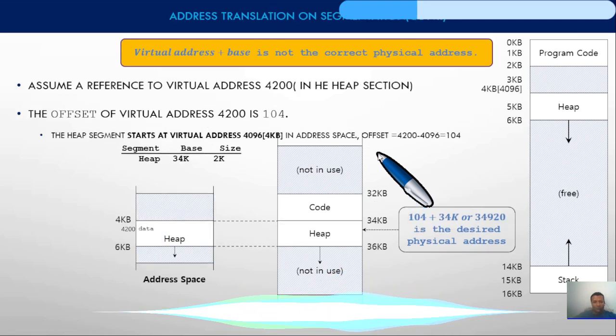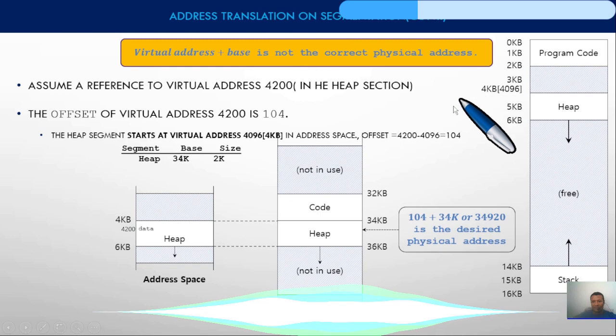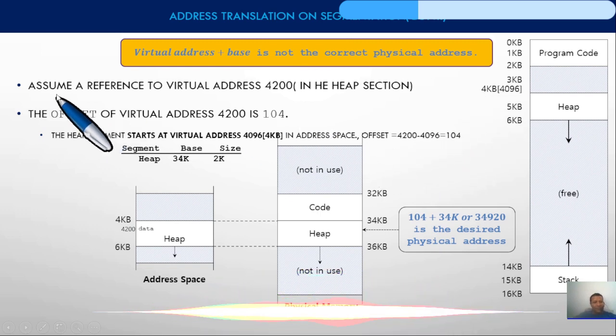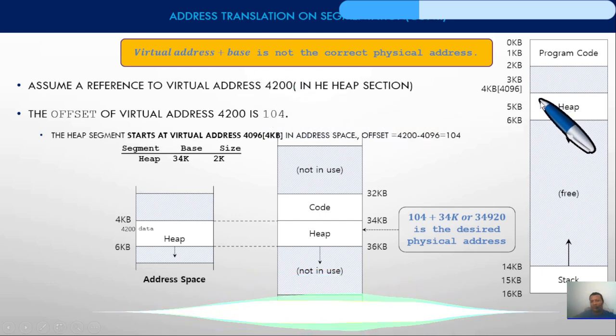Now let's continue with address translation on segments. Assume a reference to virtual address 4200 in the heap section. We have to translate that.